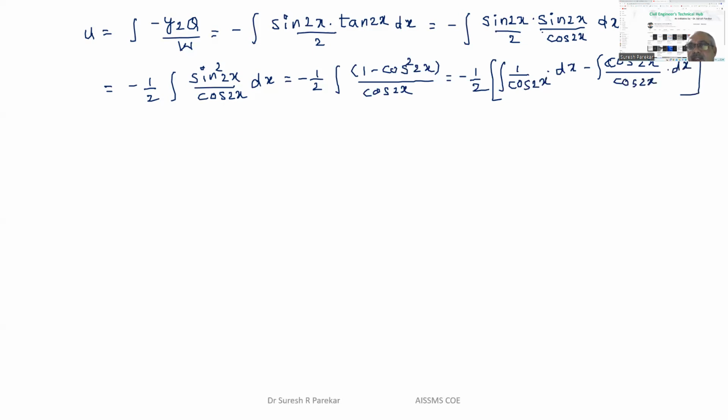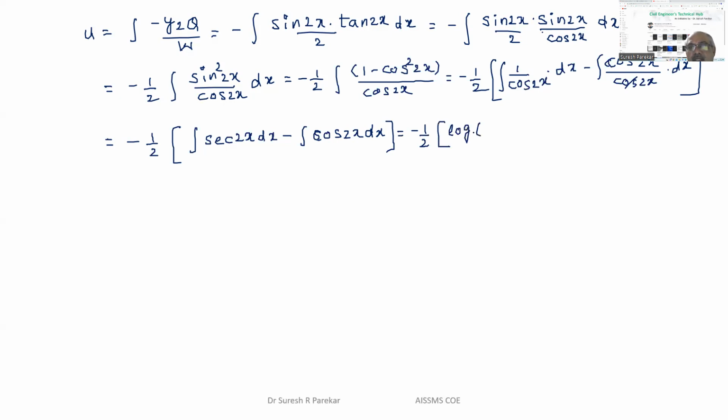Now this cos 2x gets cancelled. We will have U equal to minus 1 by 2 in brackets, integration of sec 2x into dx minus integration of cos 2x into dx.